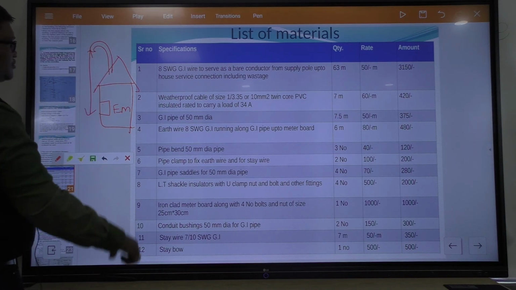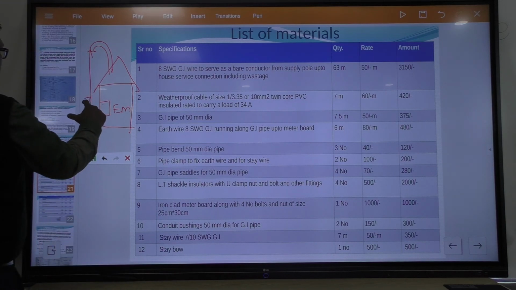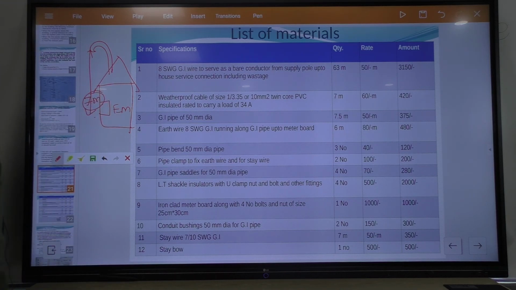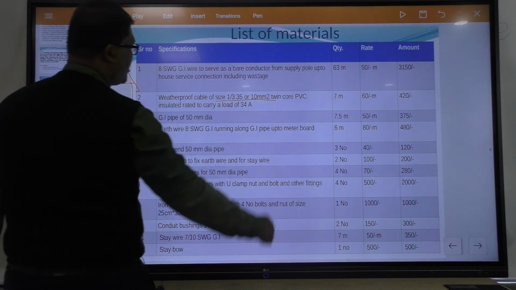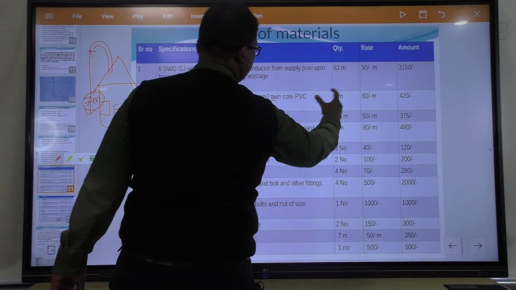With wastage, it is around 7 meter. So the weatherproof cable size is 1 by 3.35 or 10 mm square 2 core PVC insulated to carry 34 ampere. Total quantity required is 7 meter.